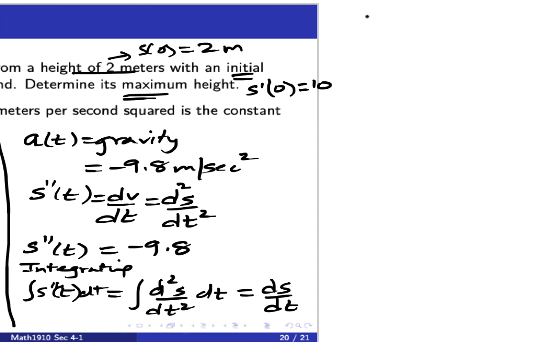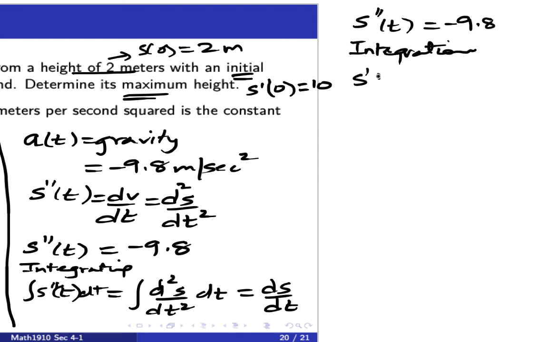So let's go back here. s double prime of t is negative 9.8. When I take the integrals here, I'm getting s prime of t equals the integral of negative 9.8 dt. So when we solve it, it is minus 9.8 t plus c1.